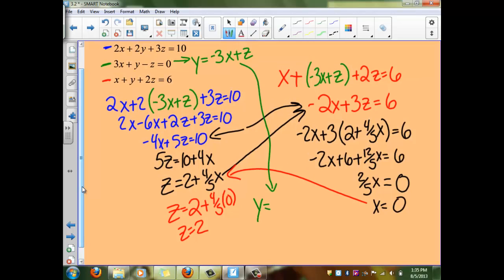Up here, y is negative 3 times x, which was 0, plus our z, which was 2. So our y is 2. And just like before we wrote our answers as an ordered pair, we now write our answers as an ordered triplet, going in alphabetical order. So x is 0, y is 2, z is 2.